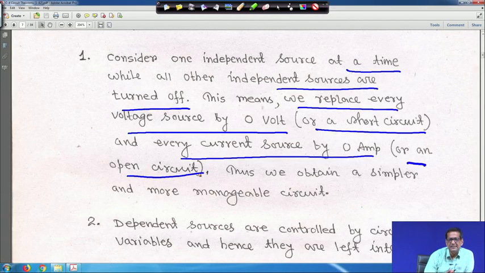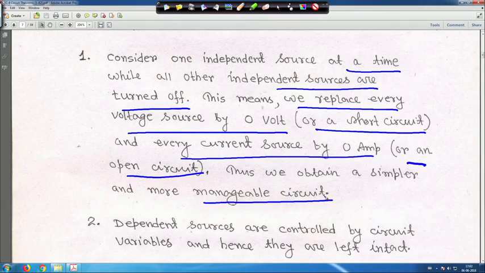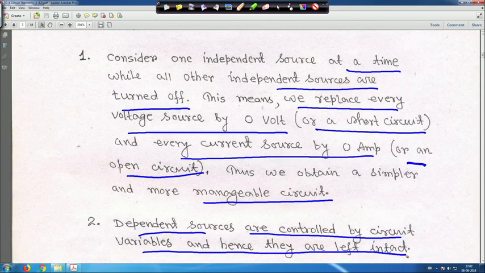Thus we obtain a simpler and more manageable circuit. We will see examples later. And dependent sources are controlled by circuit variables, and hence they are left intact.